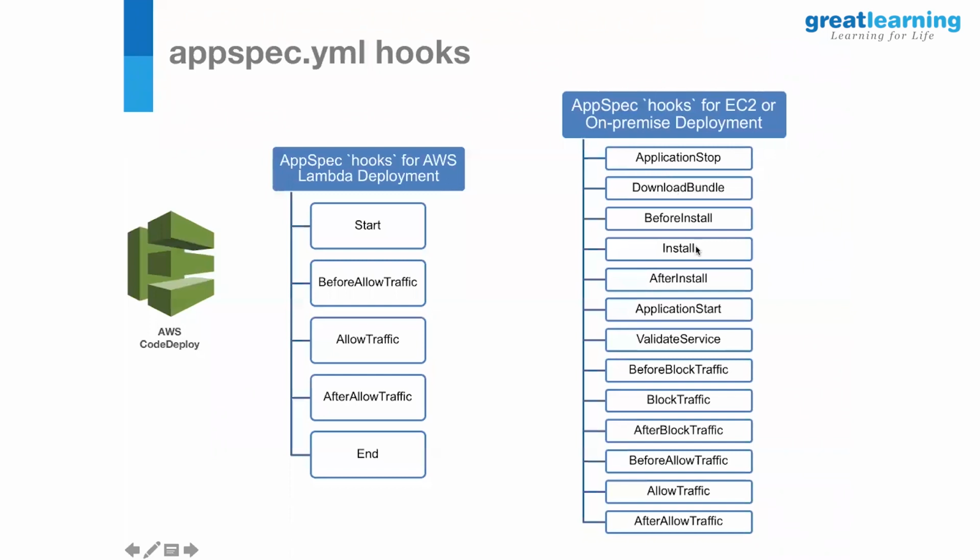You don't have to write anything here. You will not be allowed to write as well. So if you want to do some post-installation steps after your installation, like configuration and all that, you can do it in after install. And then you will bring up your service as part of application start and you will validate, have some basic validations. You can put them here.